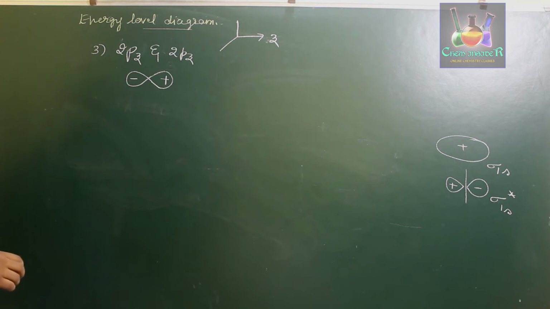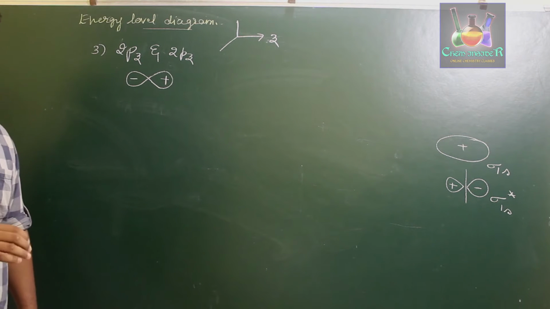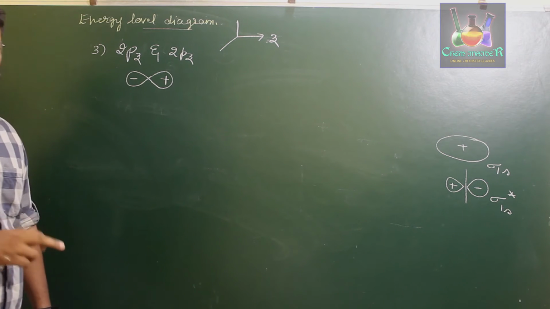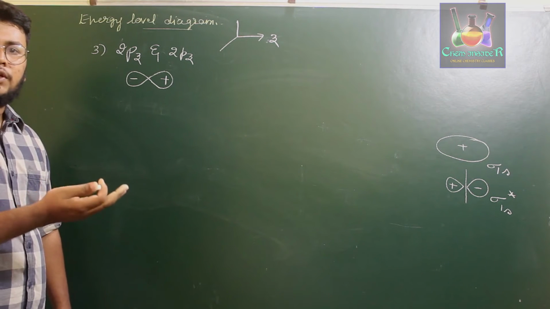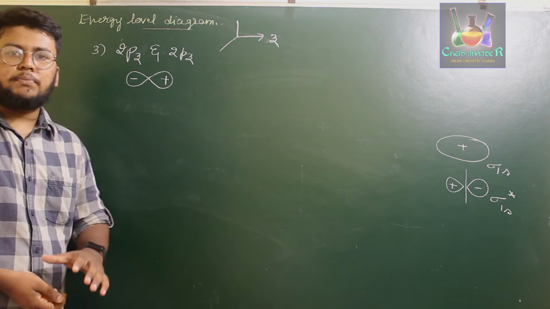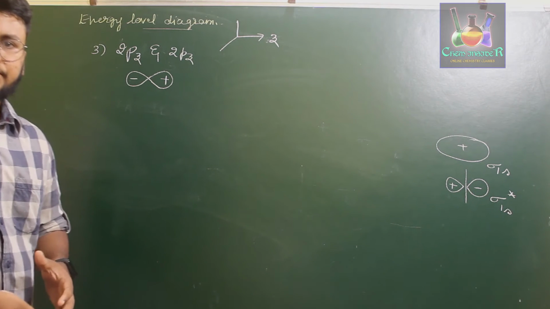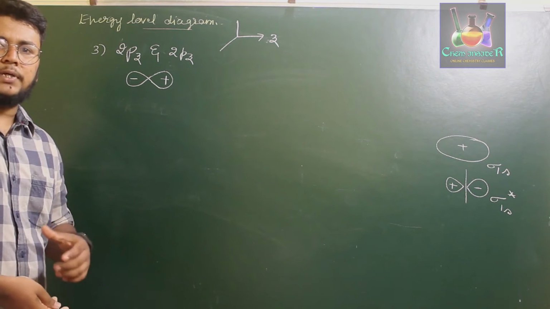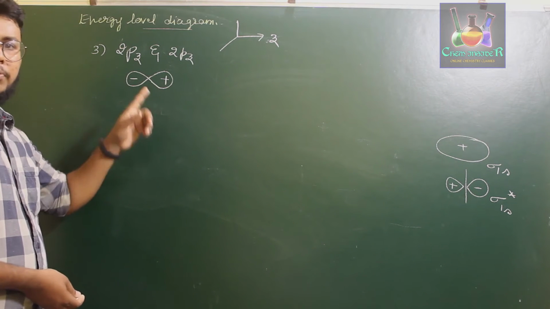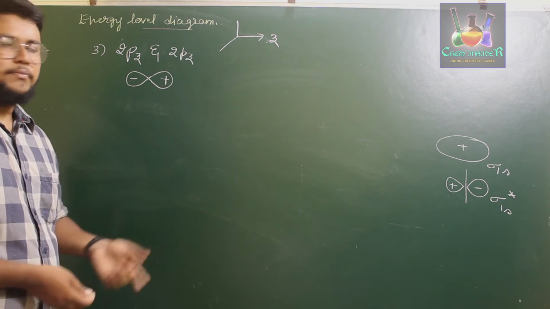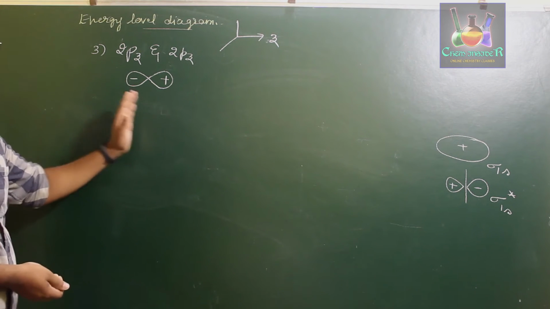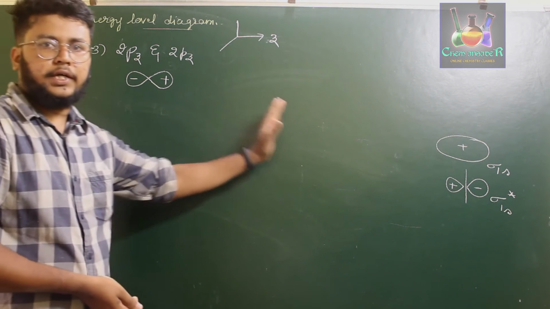So in this particular concept, what you have to remember all the time is, if one 2pz is in this direction, the other 2pz orbital will be in the opposite direction, because of the way the p orbitals are formed. If one of the orbitals is combining, when you write the diagram, you'll write one orbital on the left hand side, one orbital on the right hand side.